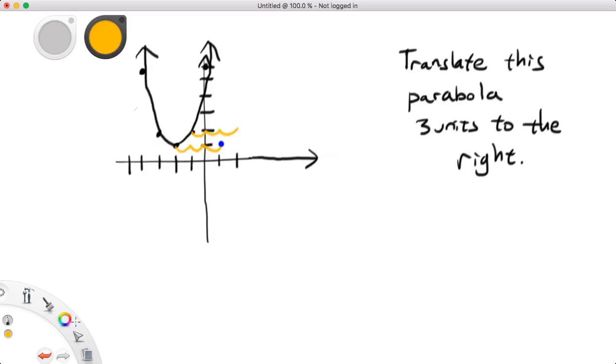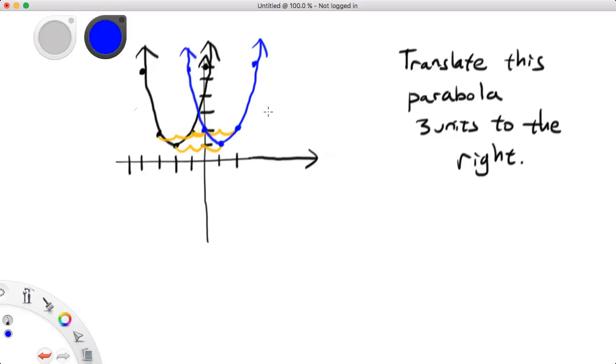Okay, and now it looks like a little face. All right, and so my parabola kind of looks like this U shape, right? That's exactly what a parabola looks like. That is a quadratic equation, right?